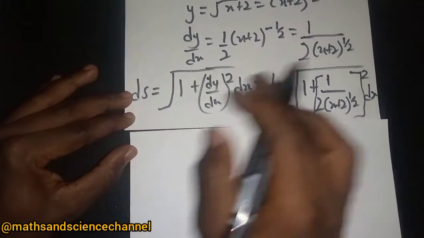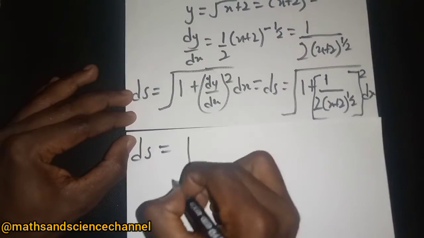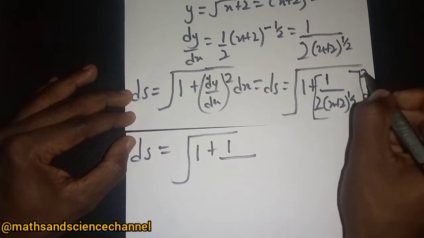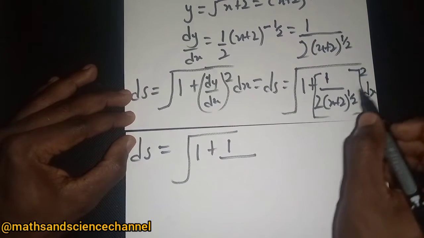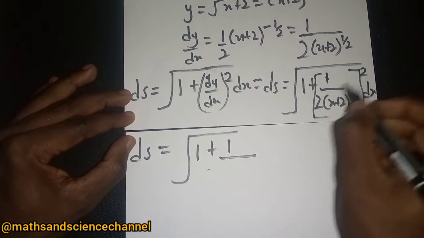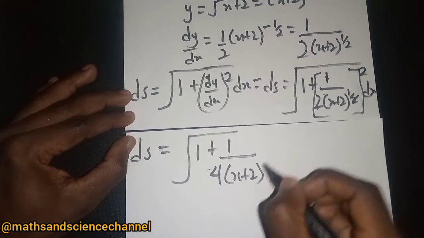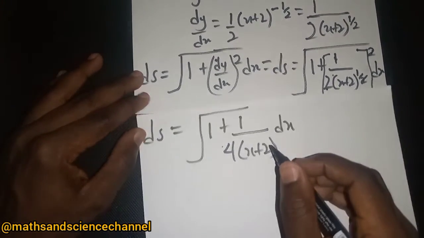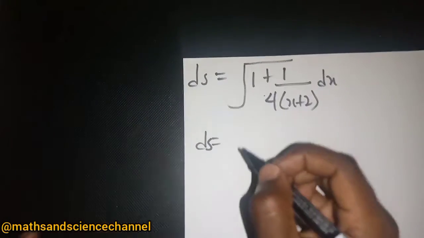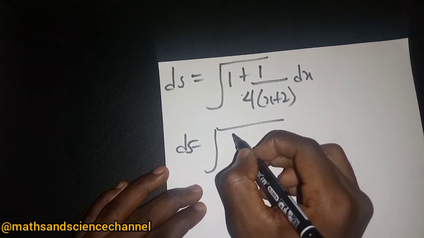So in solving this, we have ds here being equal to the square root of 1, then plus we have 1 over here, so 1 squared is just 1. Now 2 squared is just 4, then 1 over 2 here, then we have dx, right?